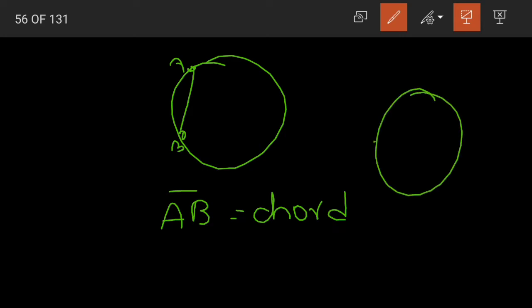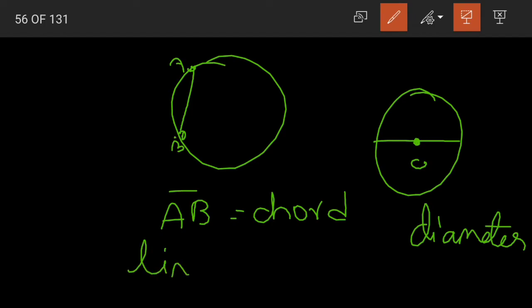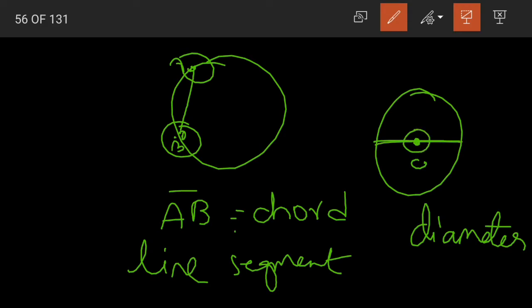Now if the same chord is passing through the center of our circle, it is called a diameter. Is this clear children? A chord is a line segment that is joining 2 points on the circle. If the same chord is passing through the center of the circle, it is called the diameter of the circle.